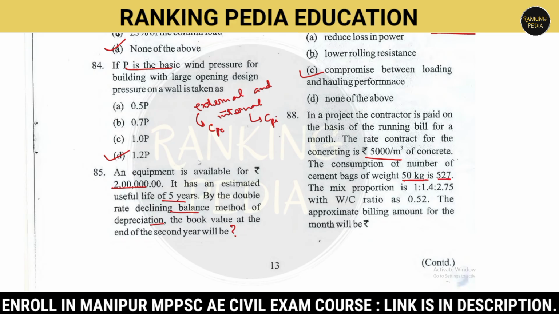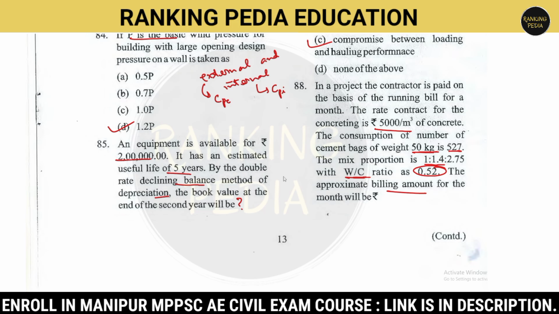The mix proportion is 1:1.4:2.75, with a W/C ratio of 0.52. We have to calculate the approximate billing amount for the month.